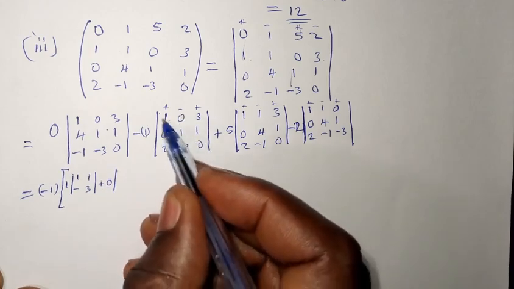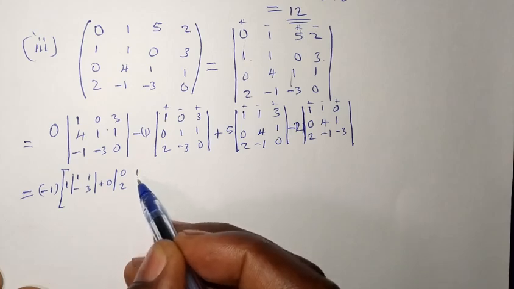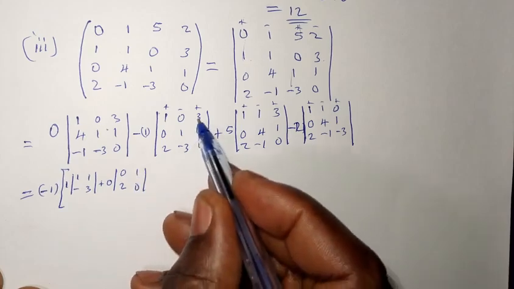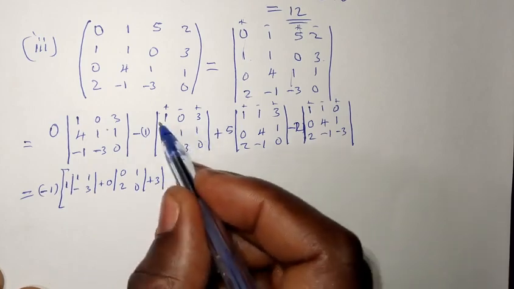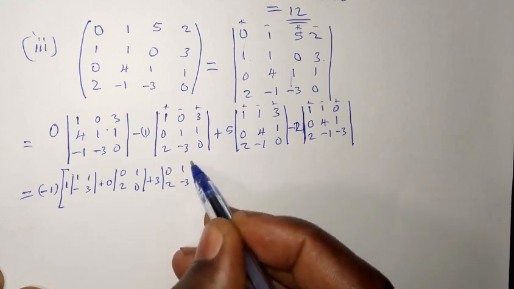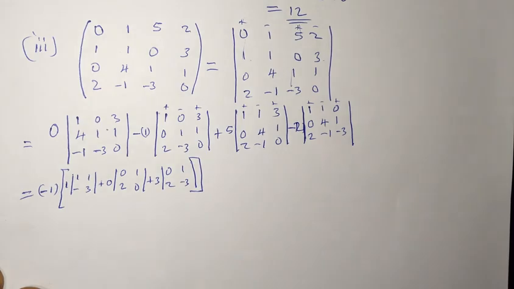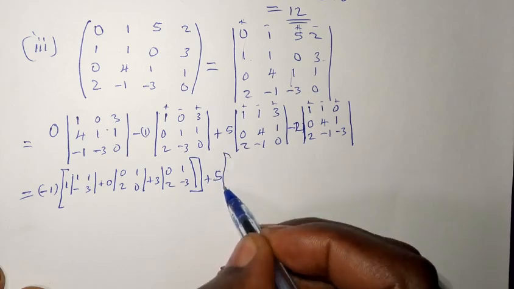You kick out the row, kick out the column, you are left with 0, 2 and then 1, 0. Then we are taking 3, plus 3 in bracket, we kick out this and this one, so we are left with 0, 1, 2, minus 3. So we close this bracket. Let's take the 1 of 5, and then let me open this bracket.